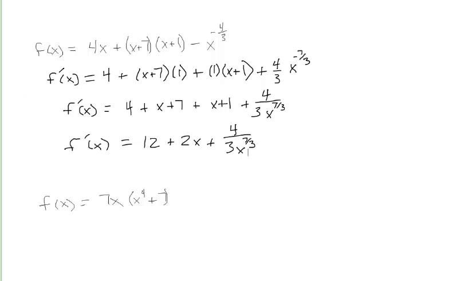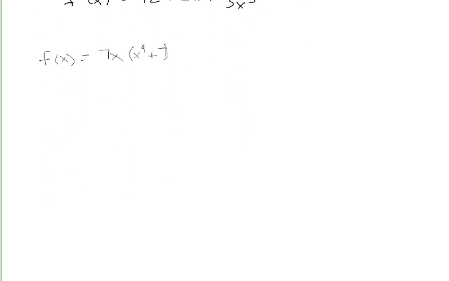In this last example, I have f of x is equal to 7x times (x to the fourth plus 7). Now whenever you have something like this, you have two choices. So let's first use the product rule to see how it would work. And then I want to show one other method that we could use.